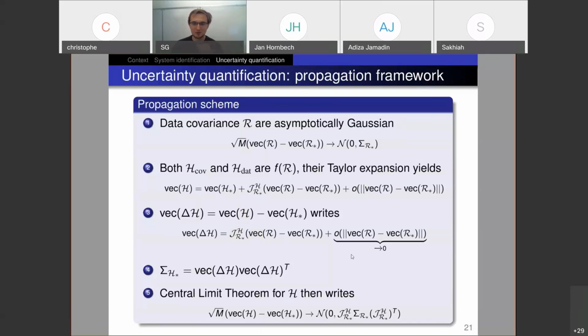This is also very important, because then the covariance matrix of our subspace matrix writes as the product of those deltas.